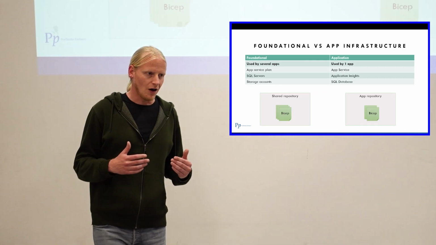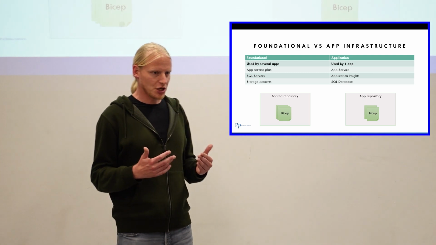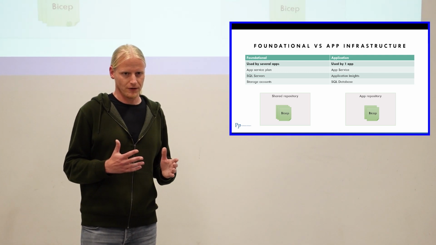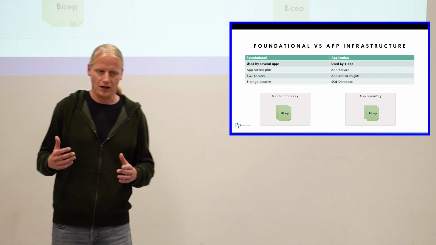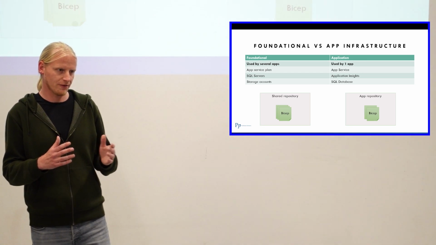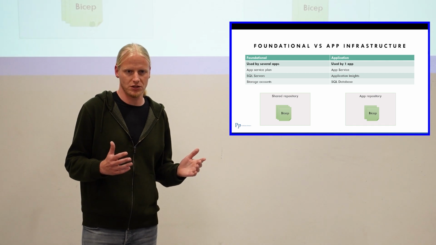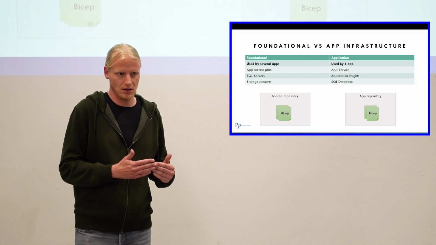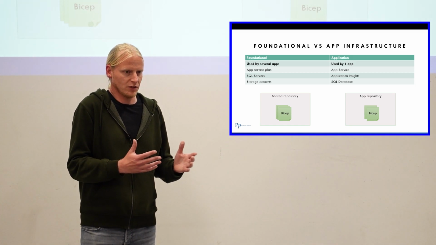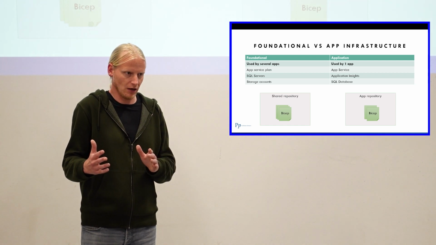It's often useful to make a distinction between two types of infrastructure for which you can write code. And I often make the distinction in this way. You have foundational infrastructure, which is infrastructure that can be used by multiple applications. You don't always want that. Sometimes you just want each application to be standalone.